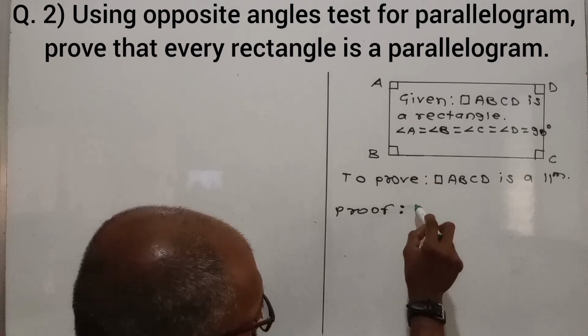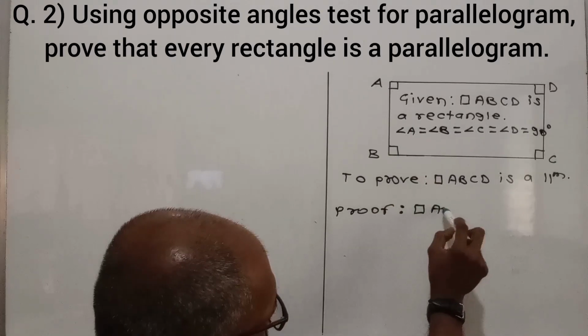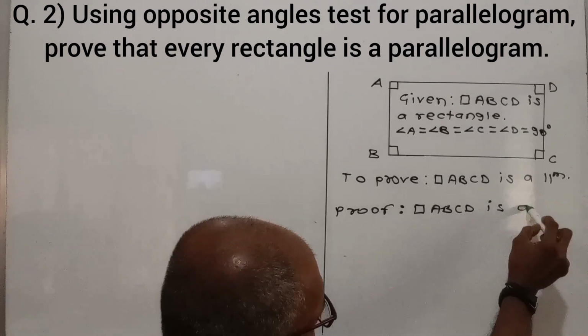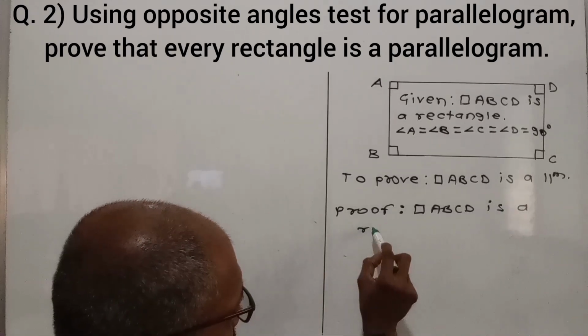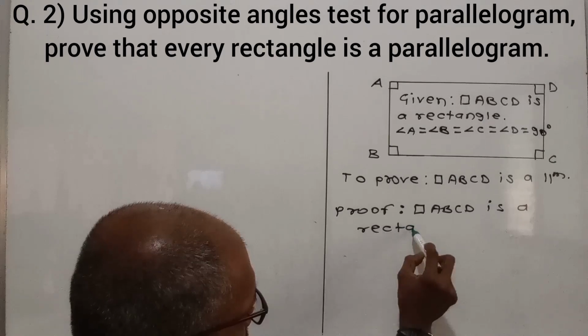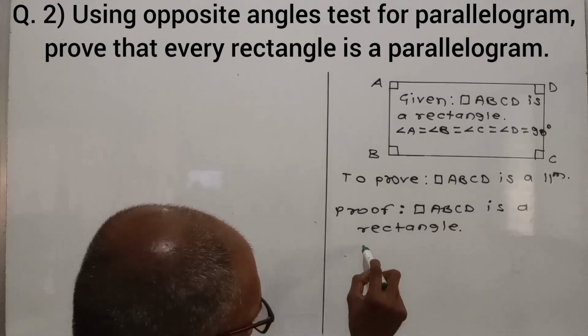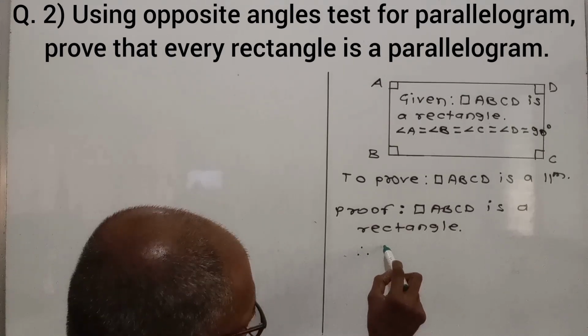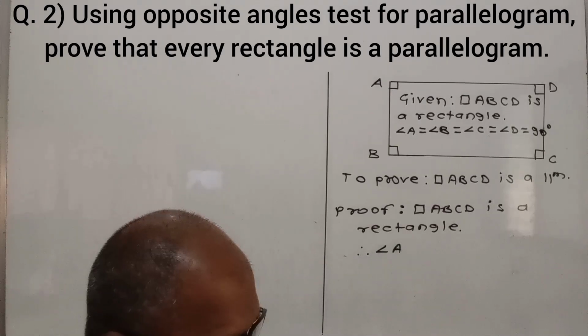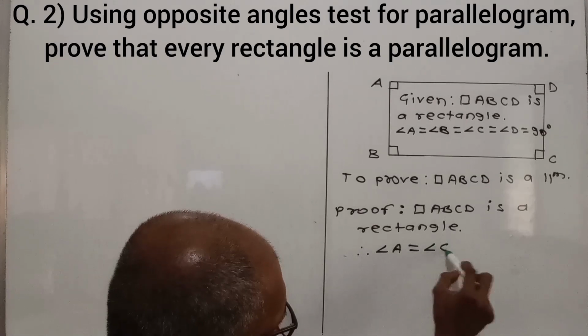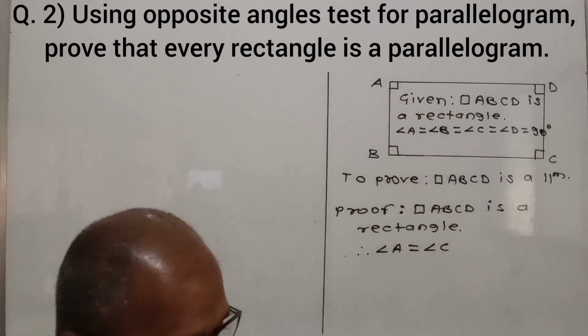Now, quadrilateral ABCD is a rectangle. Therefore angle A is equal to angle C. Opposite angles.